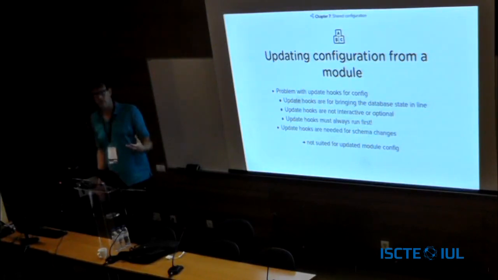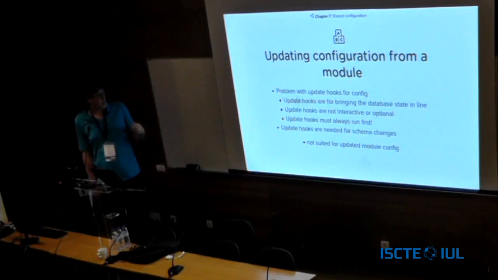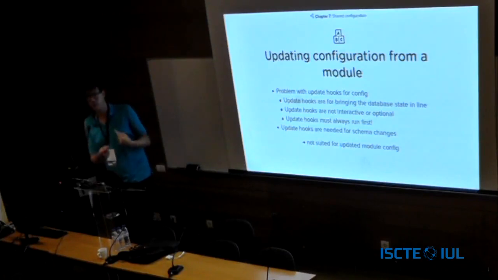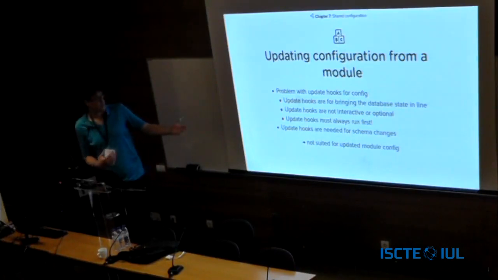And then you need to update the database. And you need to have update hooks to change the configuration if, for example, your configuration schema has changed. So if the schema of your configuration changes, you need to make sure that the configuration adheres to this new schema. So that's when you need update hooks.